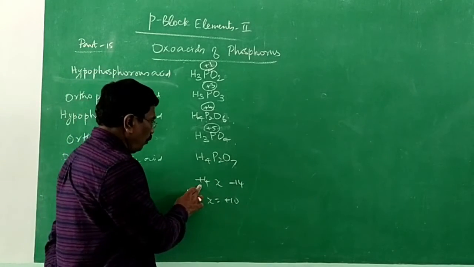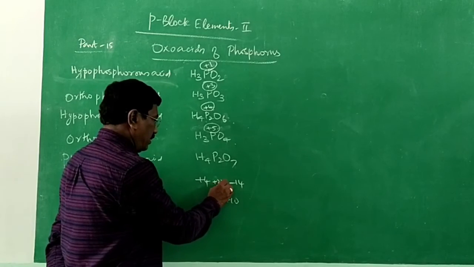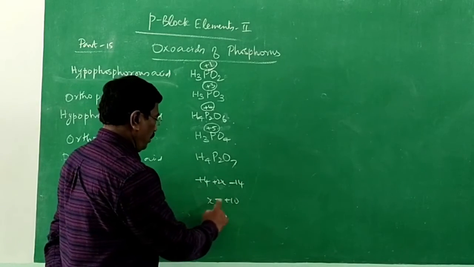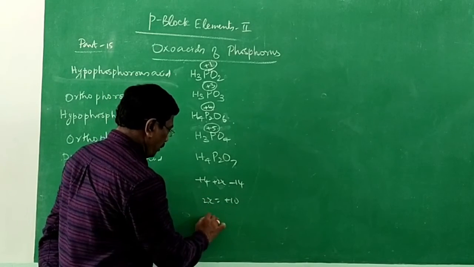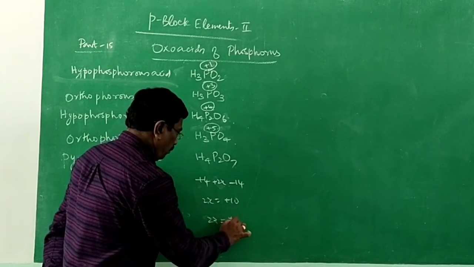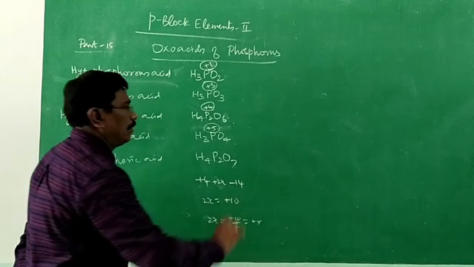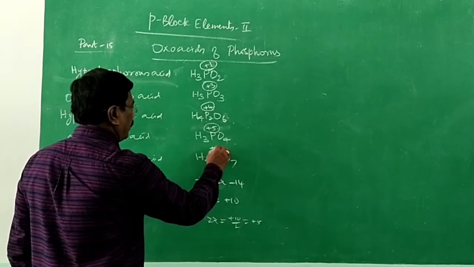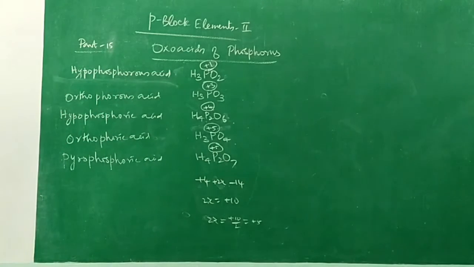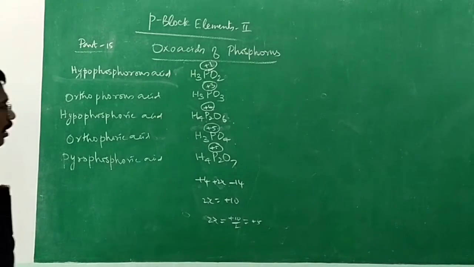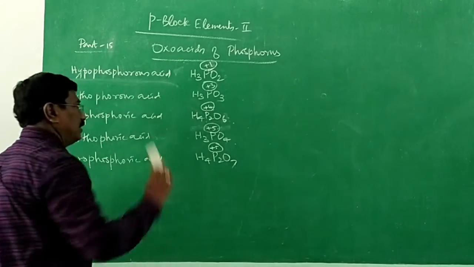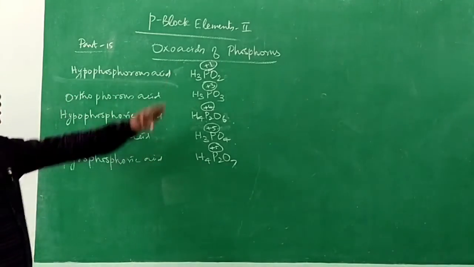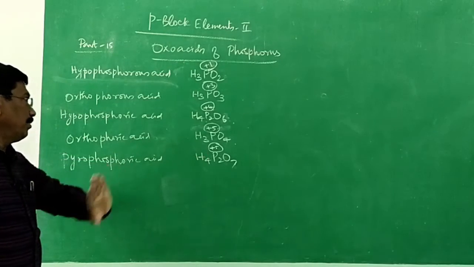H4P2O7, plus 4 plus 2X, and 7 into minus 2 is minus 14. Minus 14 plus 4 is minus 10, so 2X is equal to plus 10, therefore X is plus 5. Yes, plus 5 only. So we have calculated the oxidation numbers for all these, and we know how to calculate them. We started with the lower oxidation number and ended up with the higher oxidation number.